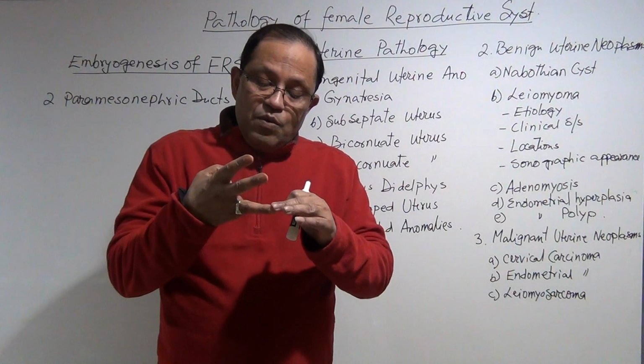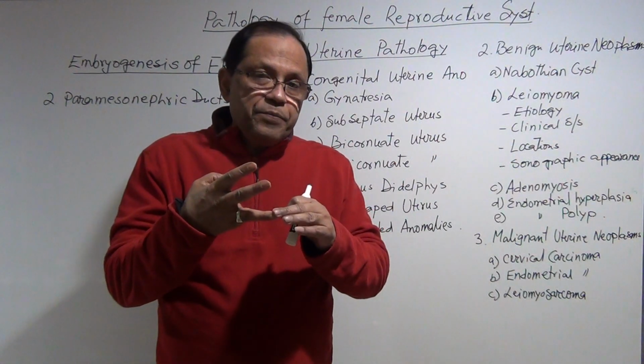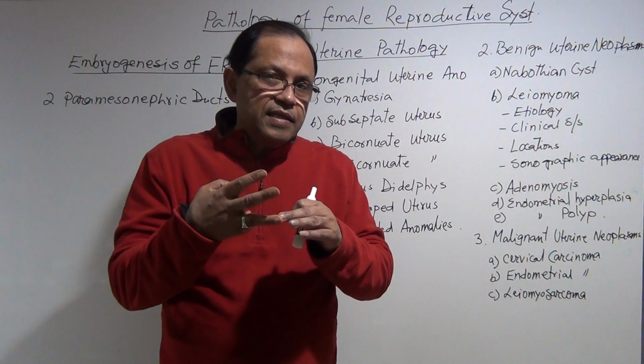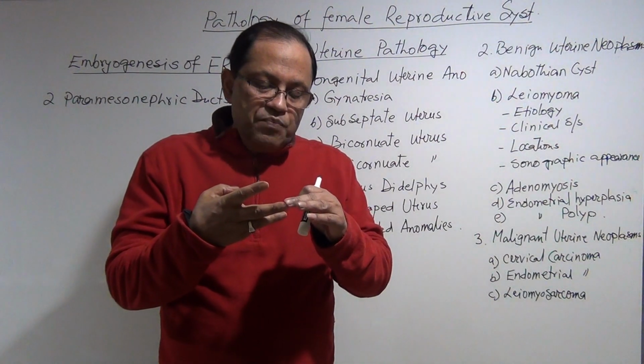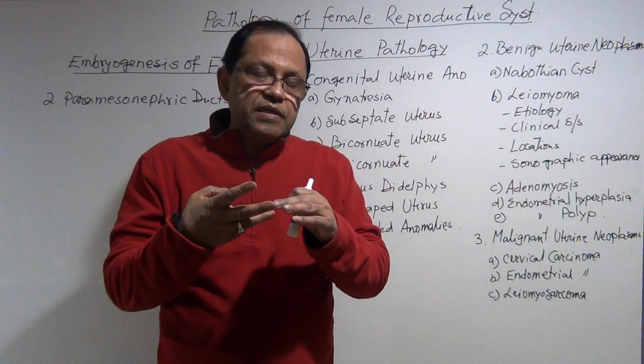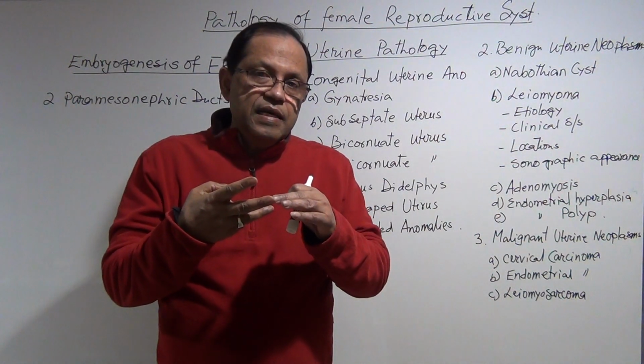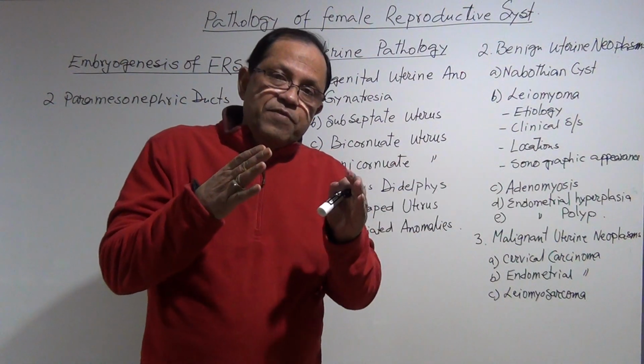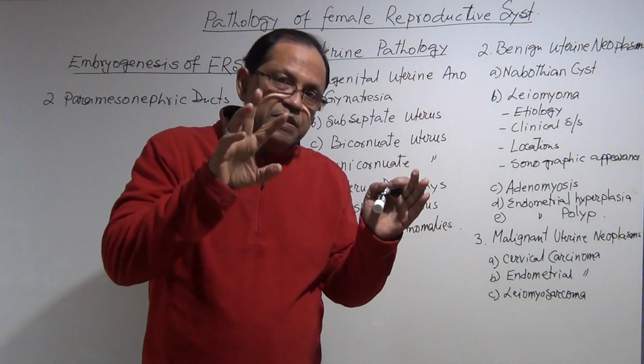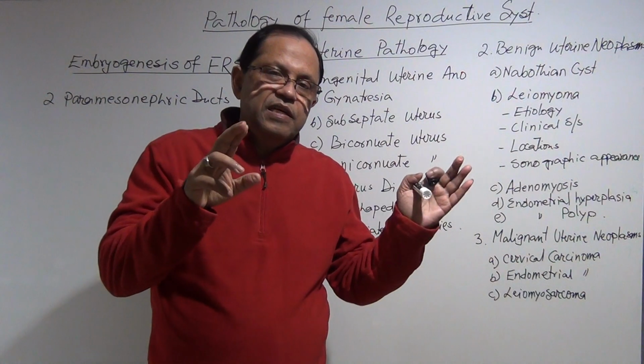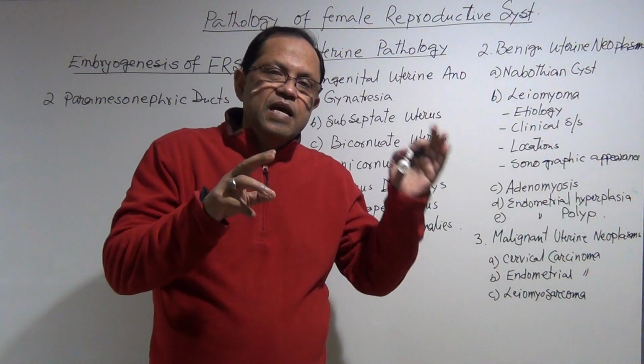The pronephros starts at 6 weeks, and by the end of the 7 weeks the first two phases end.